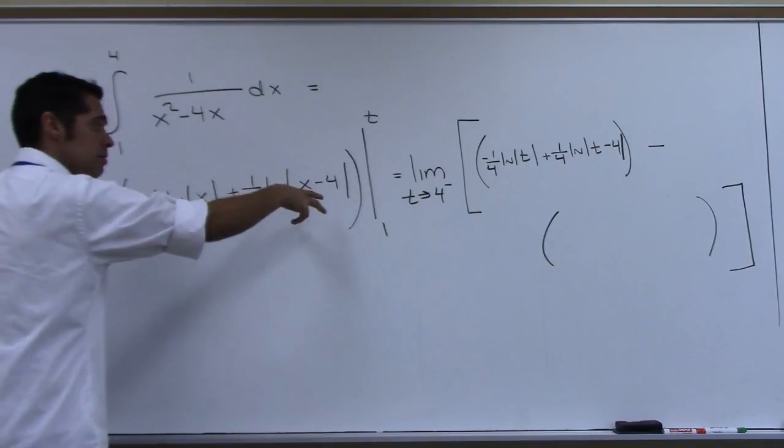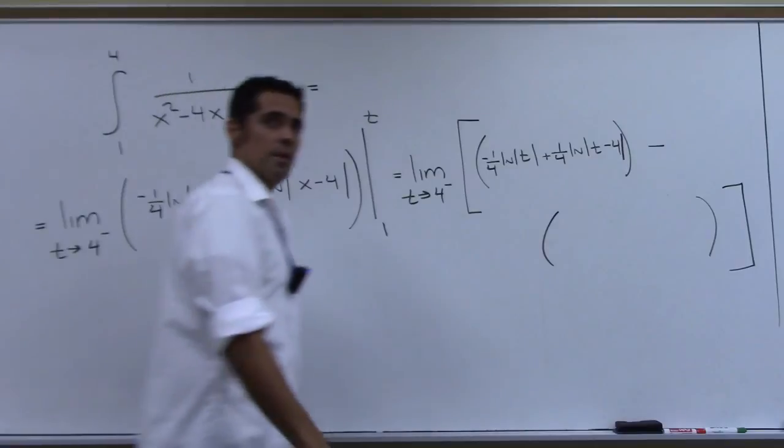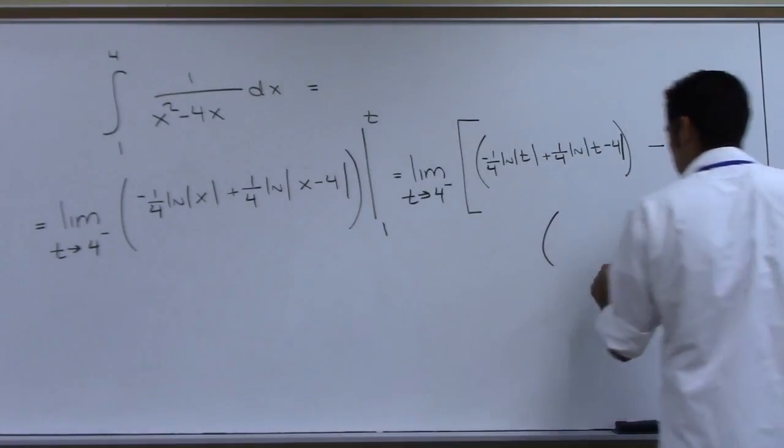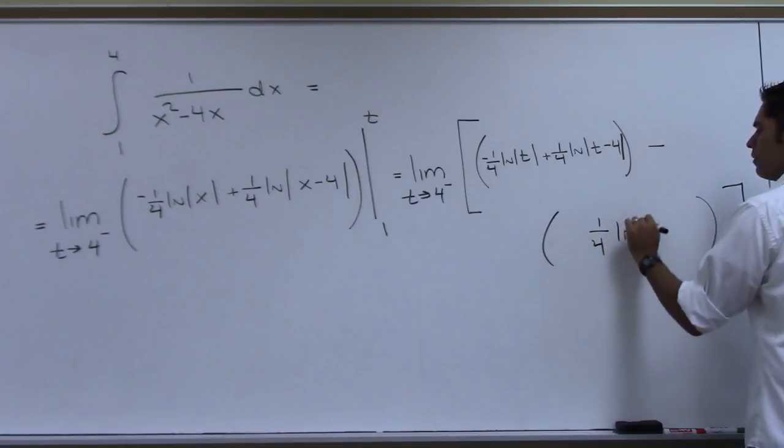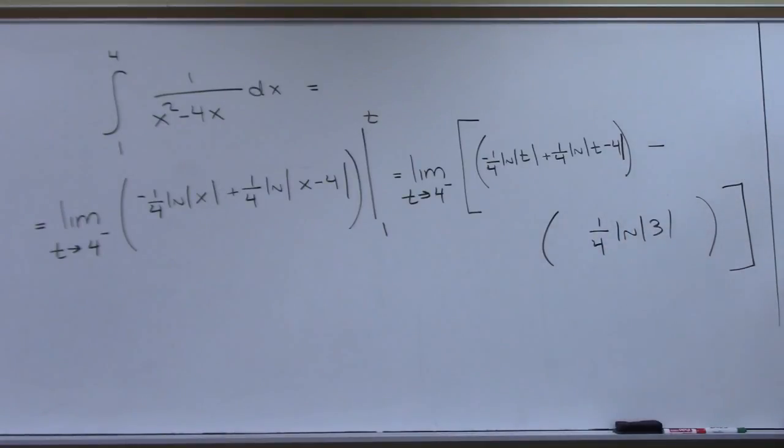Absolute value, natural log of 3. But there's a 1/4 in front of it. So shouldn't this just become 1/4 natural log of 3? Well, you don't need the absolute value. But it's not wrong to put it either. The absolute value of 3 is 3.